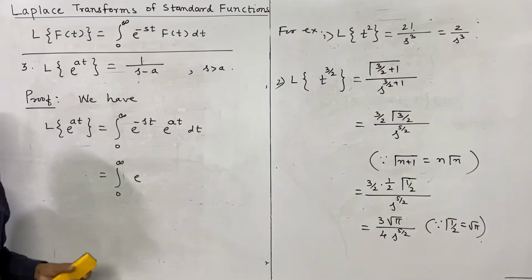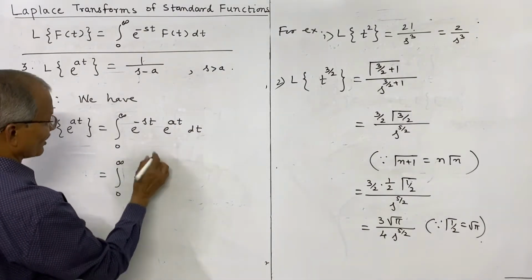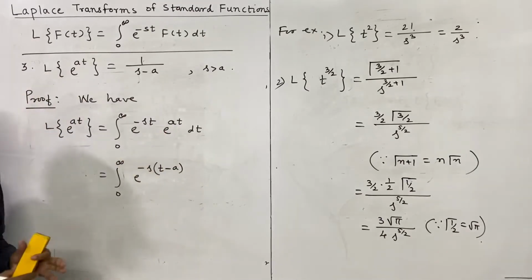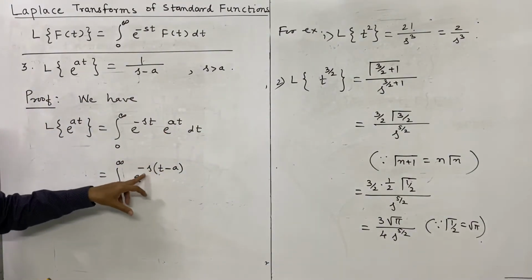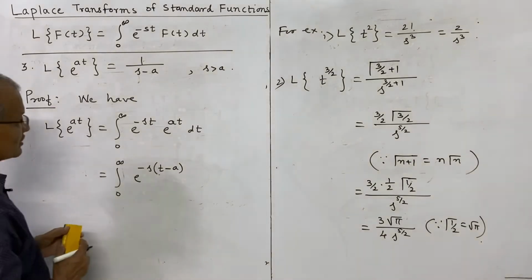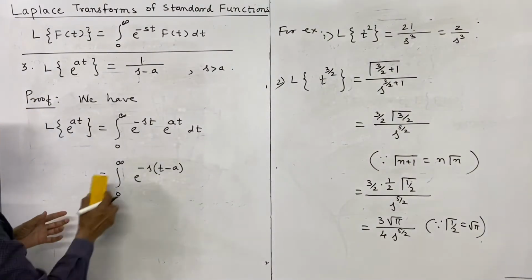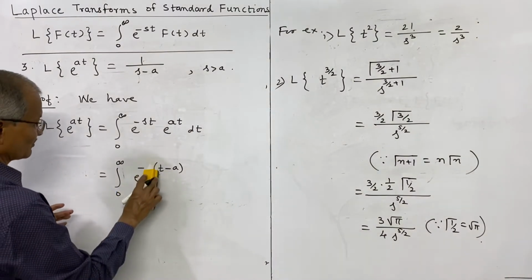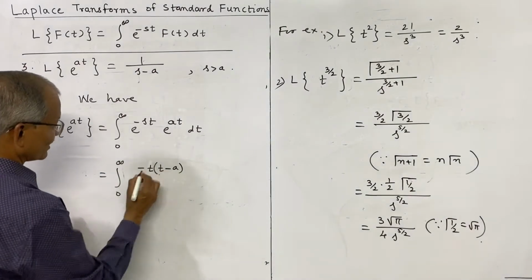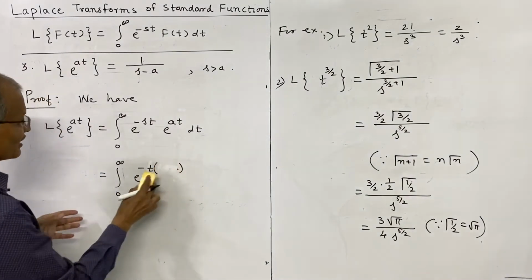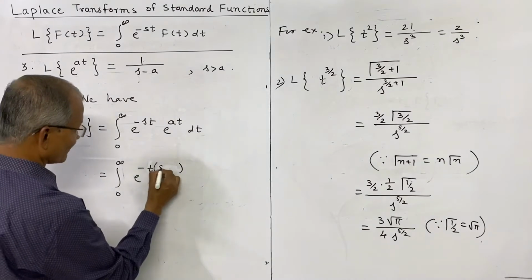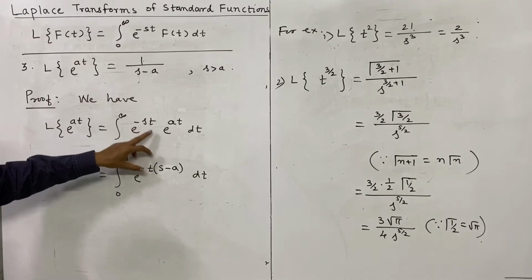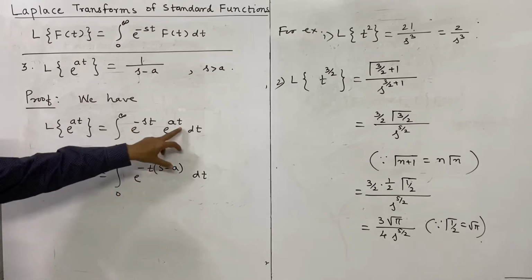We shall take negative t common from this, and in the bracket what remains is s minus a, into dt. Now you check this, e power minus st and e power plus at.